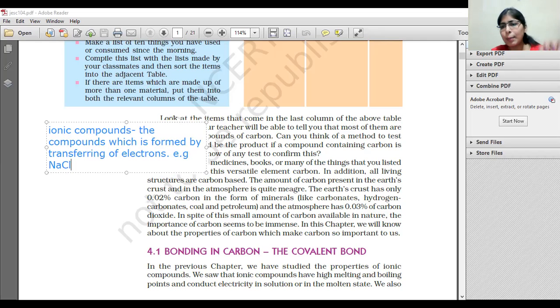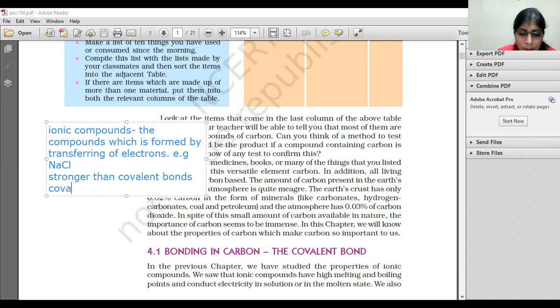NaCl has Na plus and Cl minus charge, so the bond is formed by the transferring of electrons. Ionic bonds are much stronger than covalent bonding.